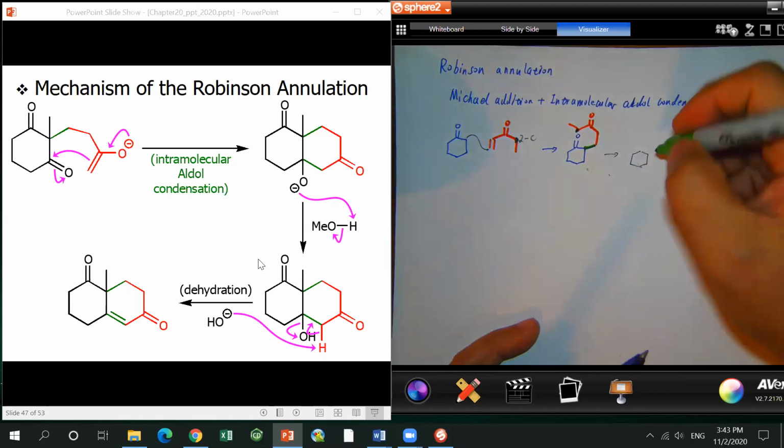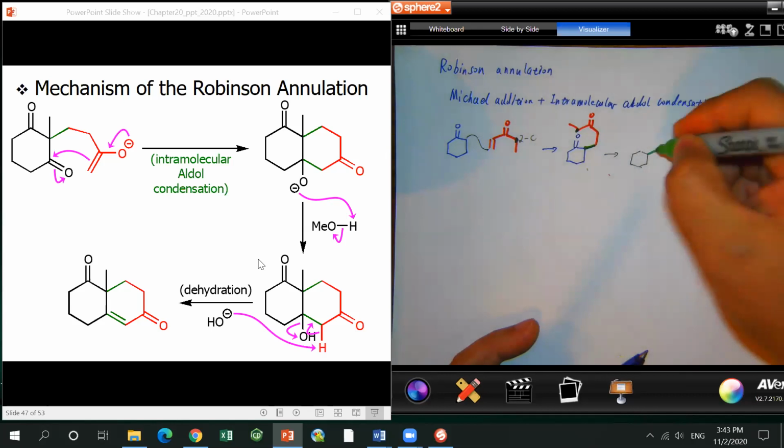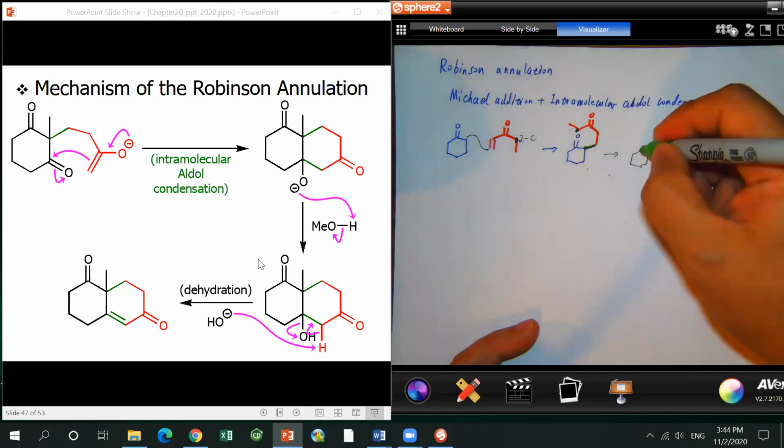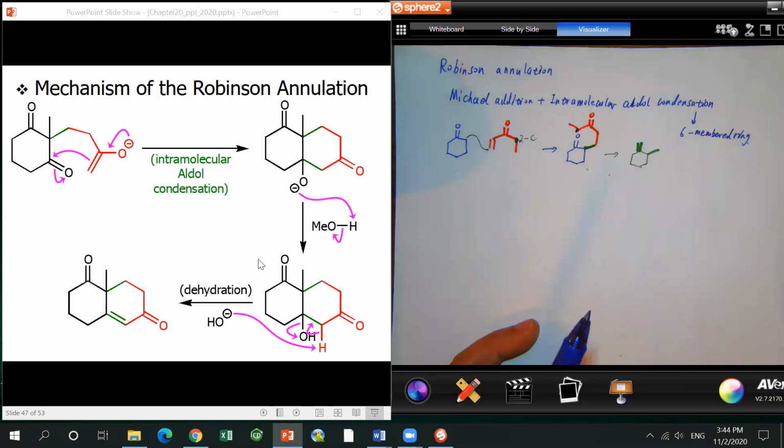Eventually you build up two bonds: one bond from the Michael addition, and another bond, the double bond, from the aldol condensation.